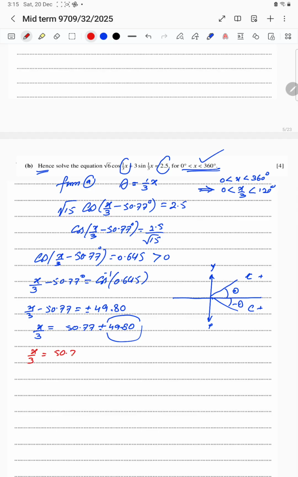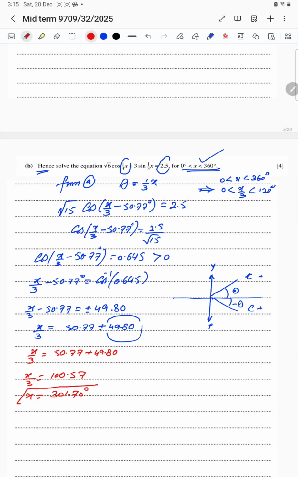So 50.77 one time plus 49.80, so x by 3 will be almost 100.57. Okay, and 3 multiplied with it to get the answer 301.70 degree.